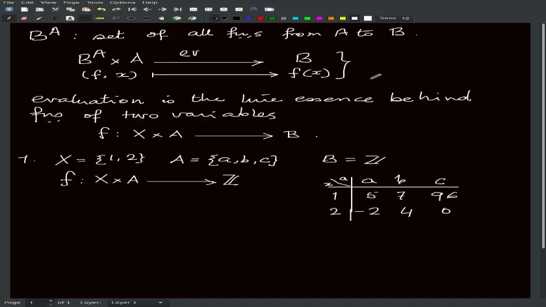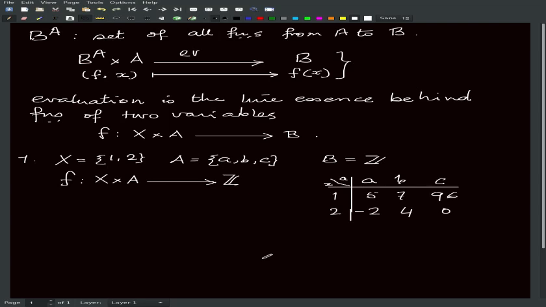So, as I was saying, a function of two variables essentially means a table like this, right? Clear?